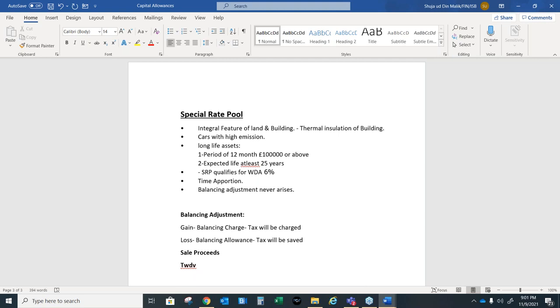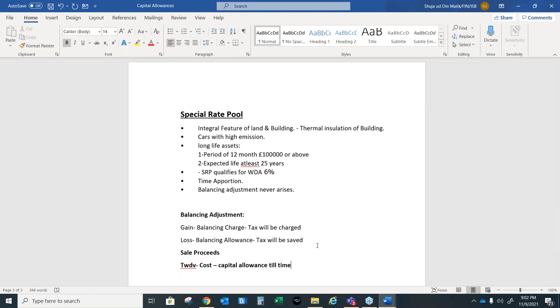Tax written down value is the historic cost provided in the examination minus capital allowances till the time. We will compare it, and if it gives us a gain, it will be the balancing charge, and we will be paying tax on it. If it is a loss, it is a balancing allowance, and we will be saving tax on it.